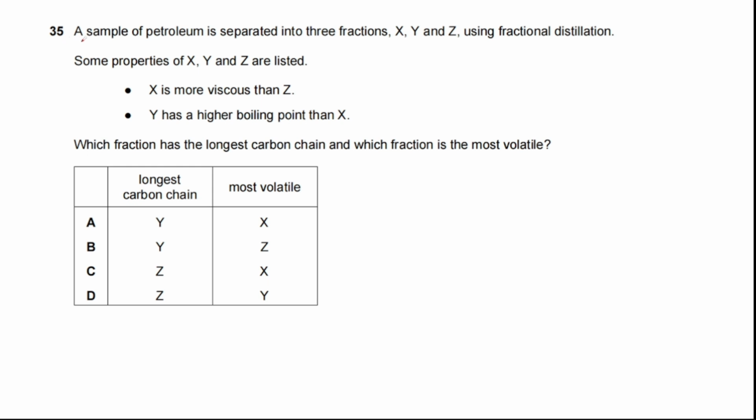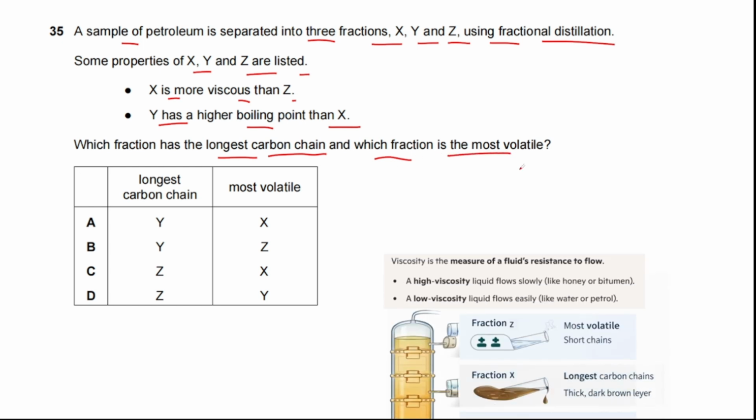Question number 35. A sample of petroleum is separated into 3 fractions X, Y and Z using fractional distillation. Some properties of X, Y and Z are listed. X is more viscous than Z and Y has a higher boiling point than X. Which fraction has the longest carbon chain and which fraction is the most volatile?